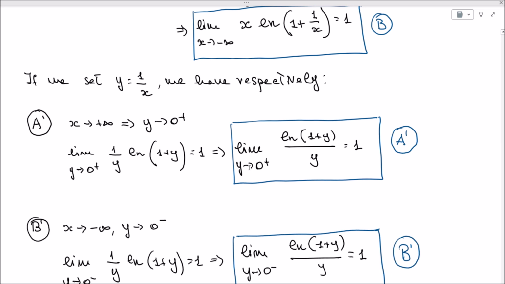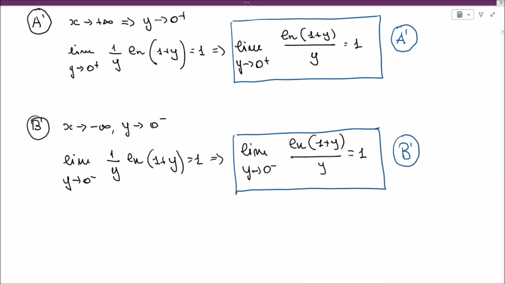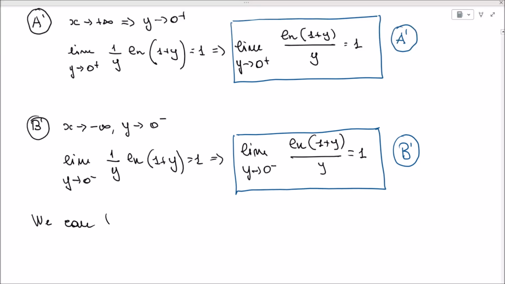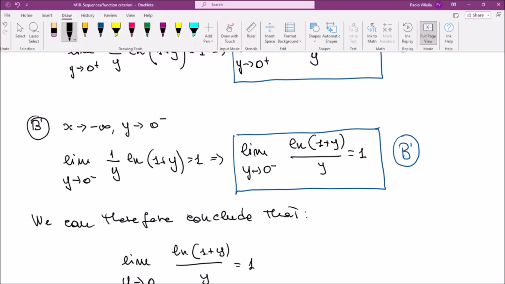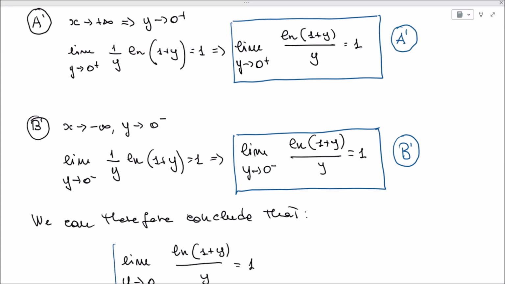And now, considering A prime and B prime, we can therefore conclude that the limit as y goes to 0 of the logarithm of 1 plus y divided by y is equal to 1, which was one of the other fundamental limits we gave in lecture 17.